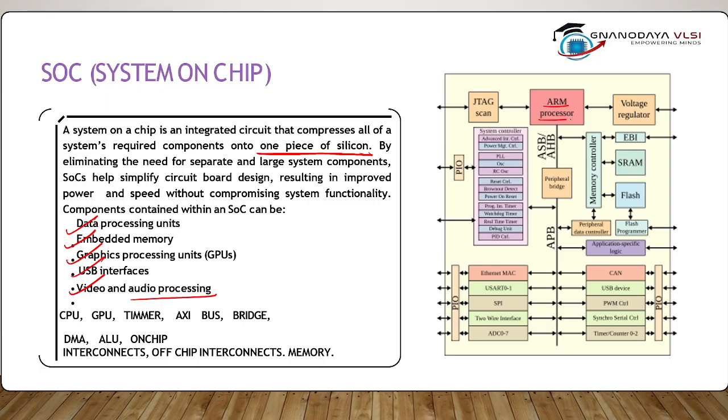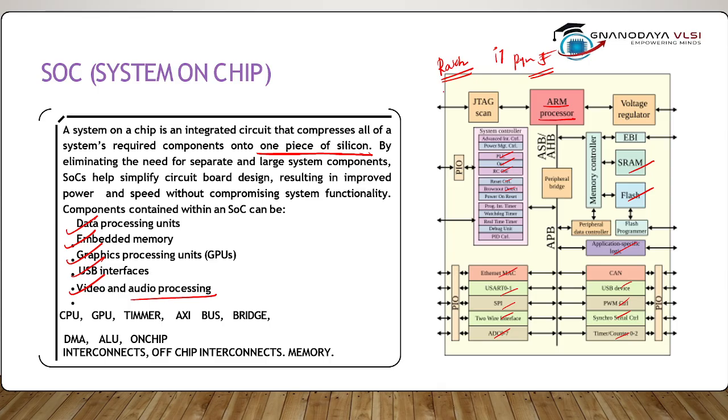Here there is an ARM processor, a voltage regulator for giving the DC voltage, SRAM, flash, and application specific logic. You have a PLL oscillator, RC oscillator, reset circuit, Ethernet, MAC, USART, SPI, two-wire interface, ADC, PWM, USB device, timer 0, timer 1. All these are within an IC, like Raspberry Pi. Raspberry Pi is one SoC, and your i7 processor, Ryzen 7 processor, Ryzen 5 processor are all nothing but SoCs.